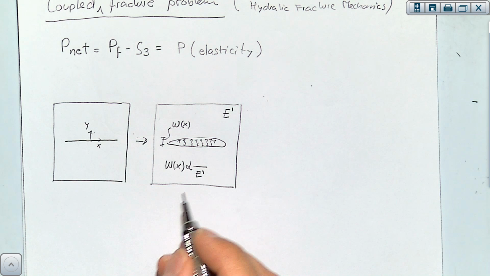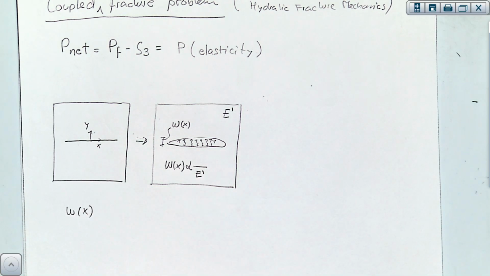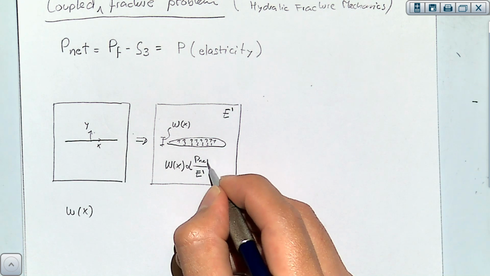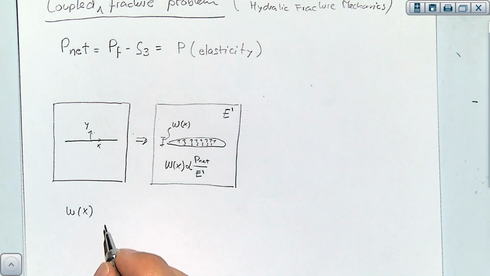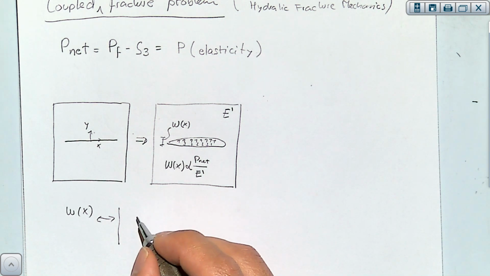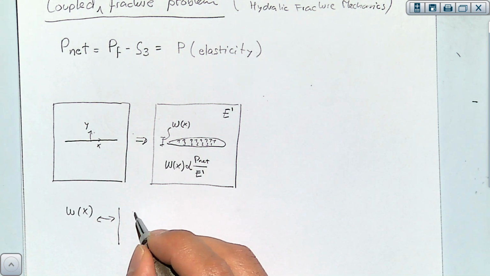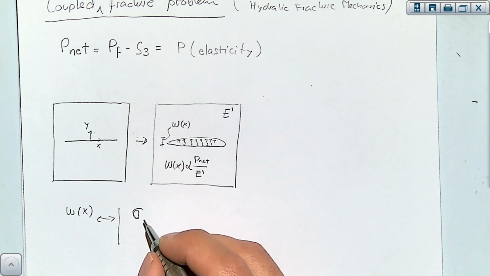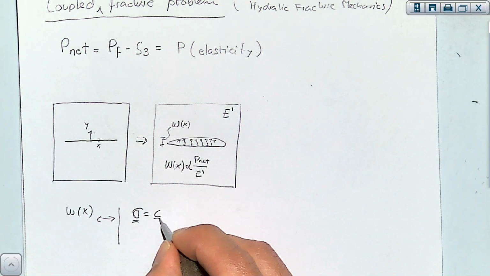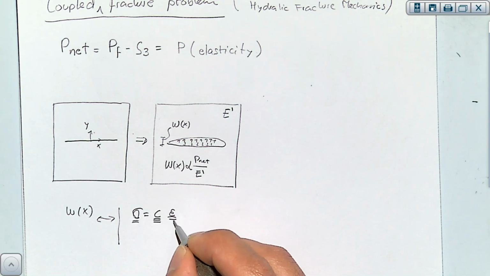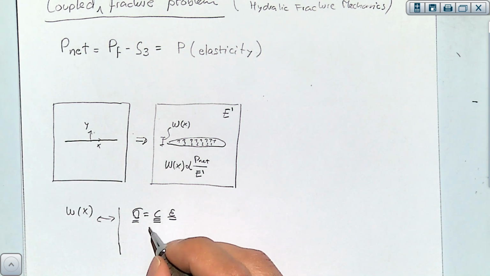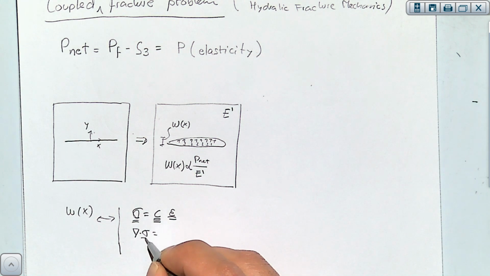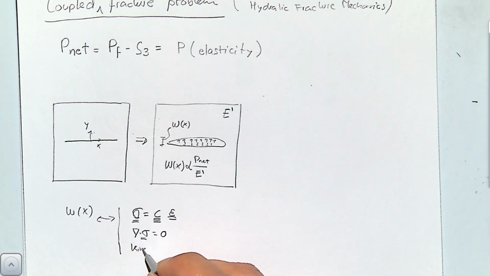In summary, in order to solve what is this displacement as a function of the net pressure, what you have to do here is just to solve a problem of elasticity. And you know, if we just want to make it simple, this is going to be, as we know, constitutive equations. You put this together with the equilibrium equation plus this kinematic equation.